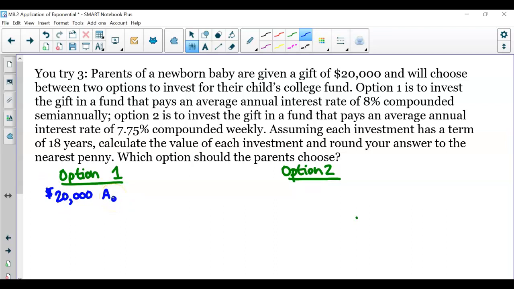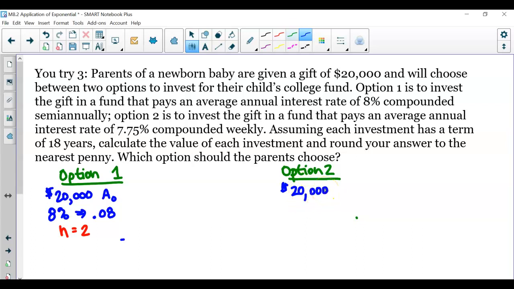So here we go. So you invest that gift at an annual rate of 8%. But remember, you should have moved that. So it's now 0.08. Compounded semi-annually, which means n is equal to 2. Then option 2 is to invest this same gift, so it still stays at $20,000, the initial amount.